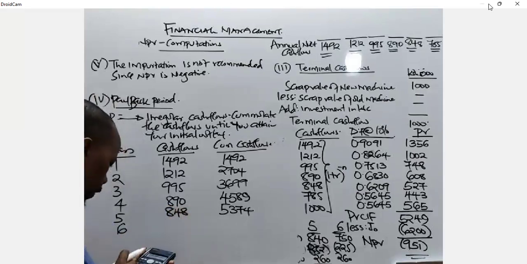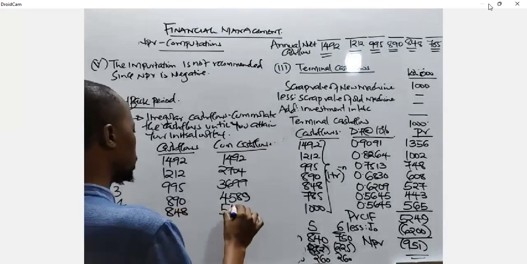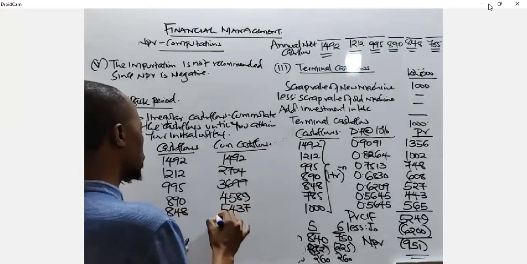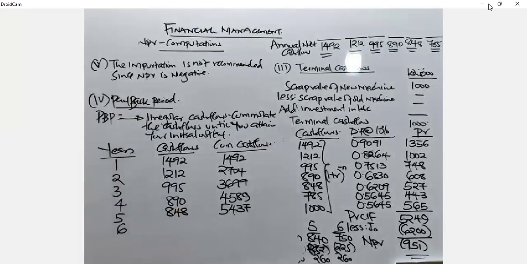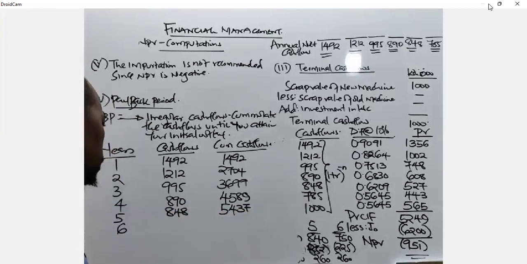So 4589 plus 848, getting 5437. We are yet to attain 6200, but we may not require 785.